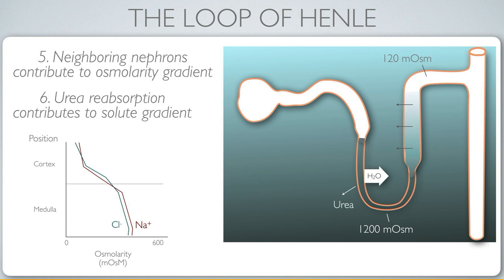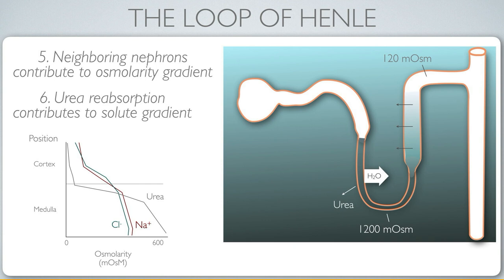But the urea does the same thing, especially in the medulla, where we see a very large contribution made by urea. It's actually greater than either sodium or chloride. Together, sodium and chloride exceed the osmolarity created by urea, but individually, they're actually less than the urea. And in the cortex, there's not much of a contribution by urea.